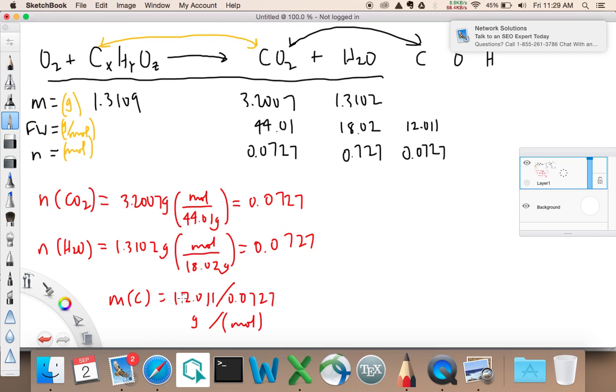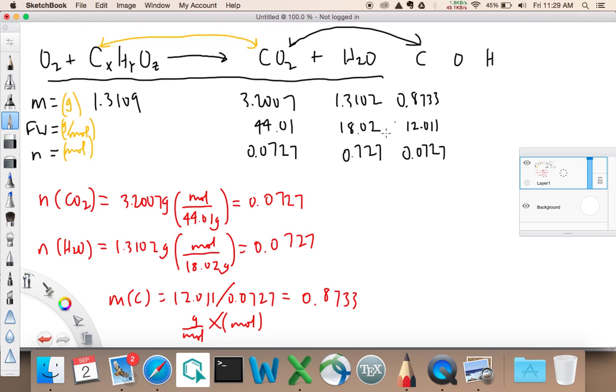No, that's grams per mole. It's going to be times moles. Okay? So let's multiply those two numbers. Times 12.011 equals 0.8733. Okay, watch this. This is magic.